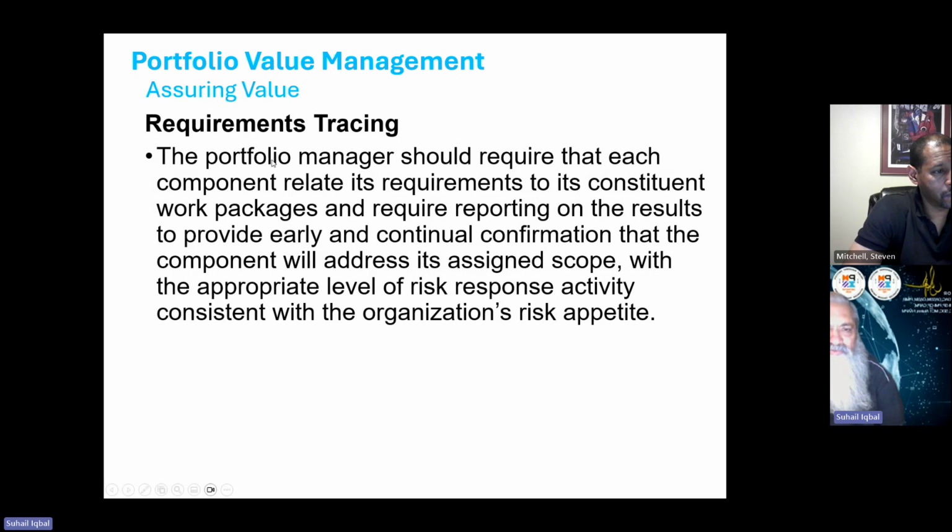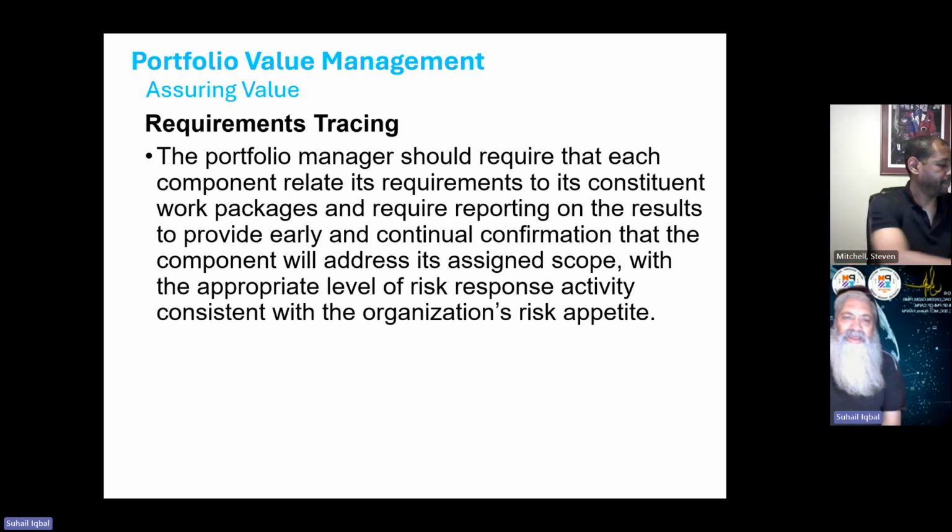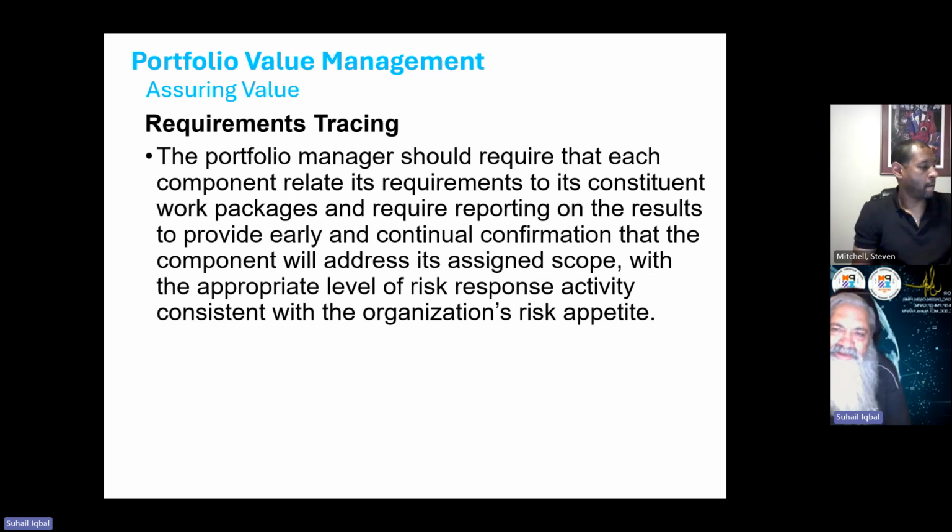Portfolio managers should require that each component relate its requirements to its constituent work packages. You just need to check. You don't have to interfere in their working. You just need to check this specific aspect and put it in your audit. Highlight in the audit that your requirements do not align with the work packages. Your requirements do not get represented in the work packages. There is a gap, there is a problem.